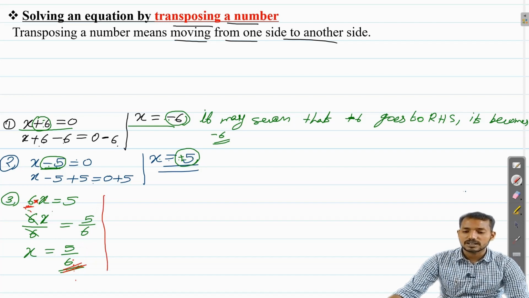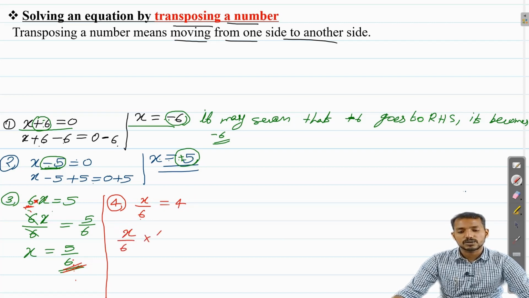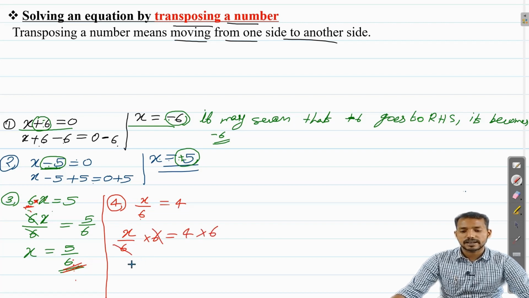Now the last condition, in case of division, I am going to take this example. x divided by 6 is equal to 4, that is an equation. So here 6 is on the denominator. To eliminate 6, what will we do? x divided by 6 into 6 is equal to 4 into 6. This 6 is eliminated. x is equal to 4 into 6.